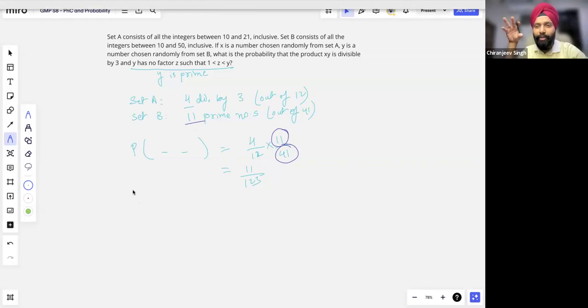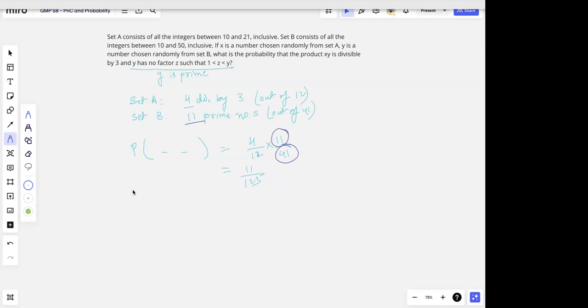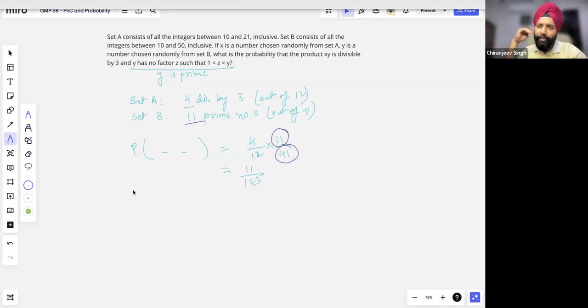But why is the denominator 11? Are you picking Y only out of prime numbers, or is Y randomly chosen from set B? So I reduced the Y set to 11 numbers, thinking that there are only 11 prime numbers. And out of that, how many are divisible by 3? None of them. But then you can do it for X also.